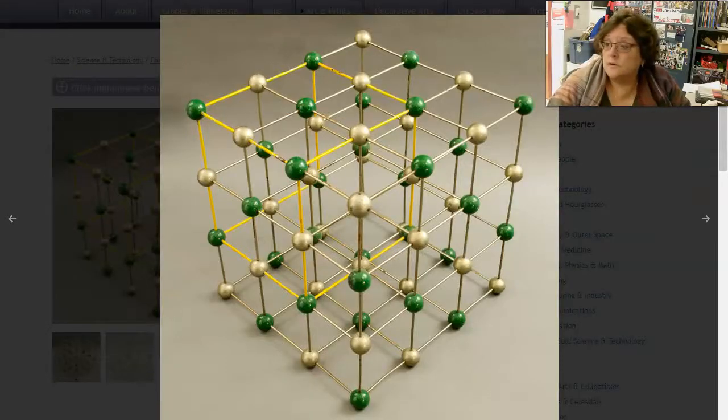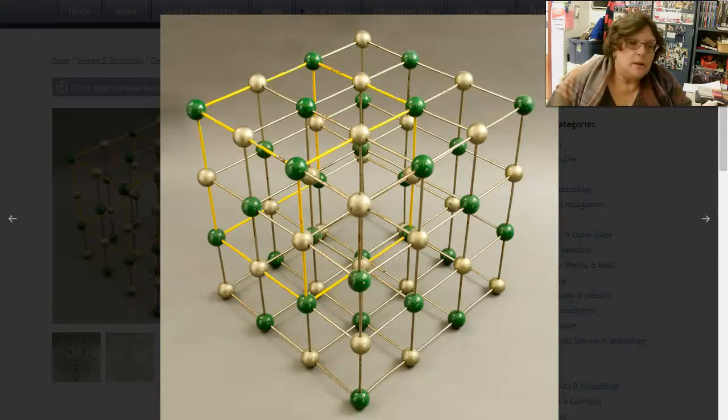This is what a salt molecule looks like. I have a model as well, but this is what one looks like. So, a salt molecule is not a molecule. It is a crystal lattice.